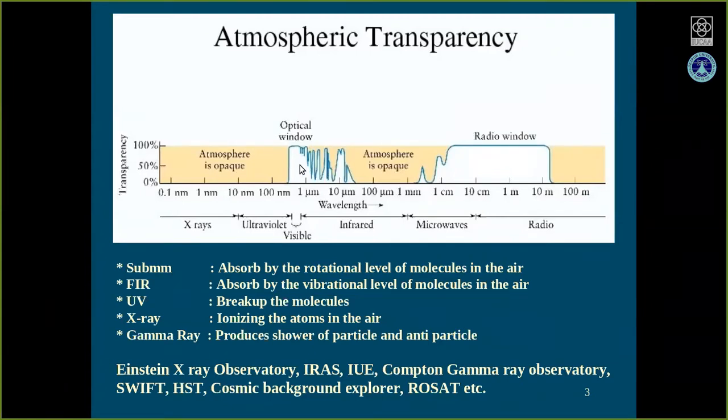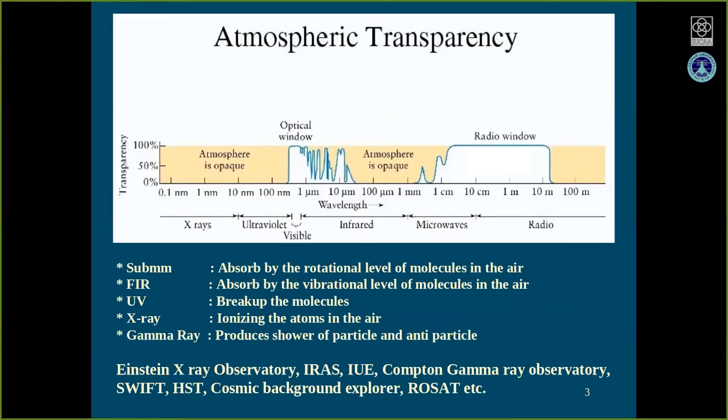One window is the optical window and another window is the radio window. For other regions, for X-ray, for ultraviolet, for far infrared, our atmosphere is opaque. You cannot observe an X-ray photon or gamma ray photon or ultraviolet photon from a ground-based observatory, because our atmosphere is opaque. So that is the reason why we need a space telescope.